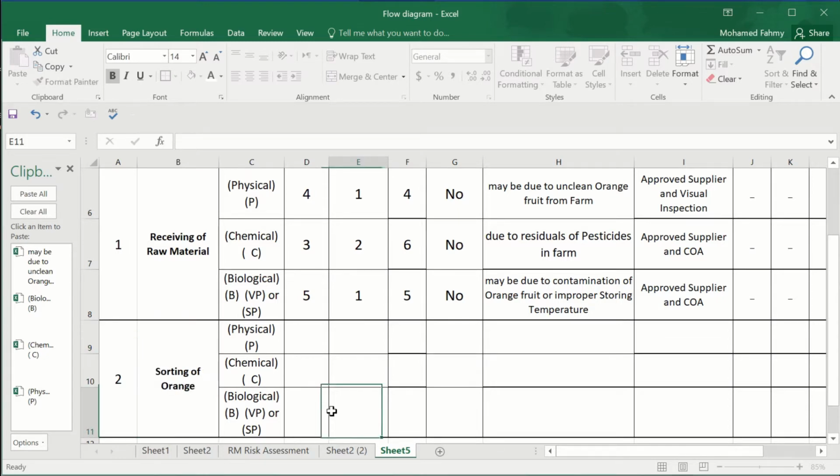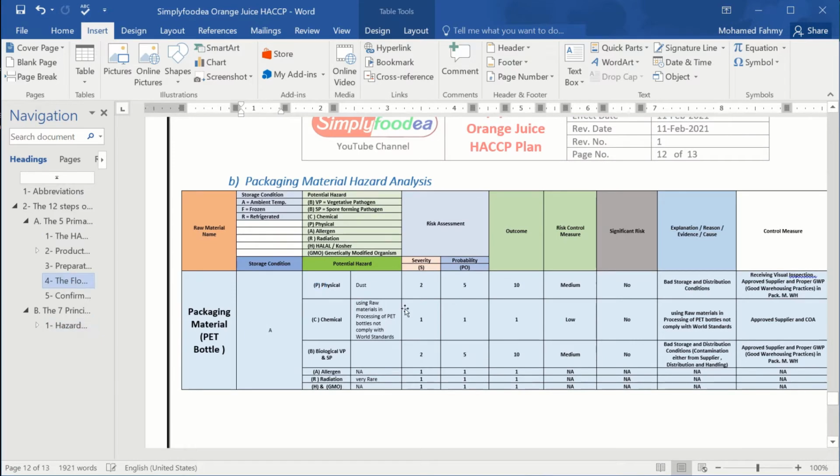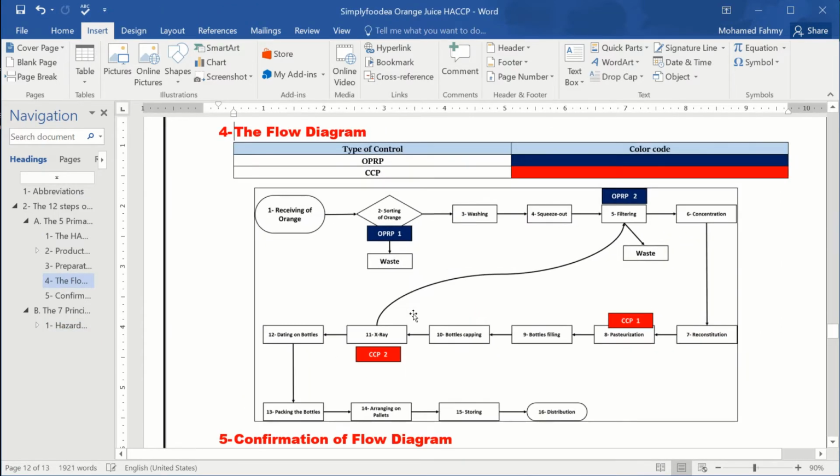You must take care that before mentioning on your flow diagram which is OPRP and which is CCP, you must run the process risk assessment, then you will put on your flow diagram which is OPRP and which is CCP.